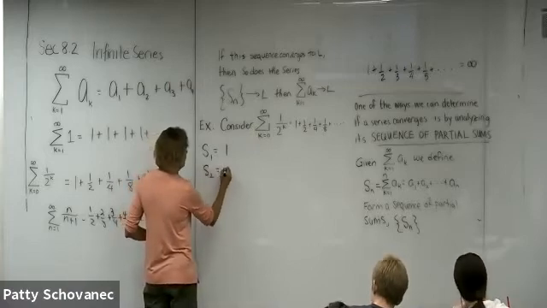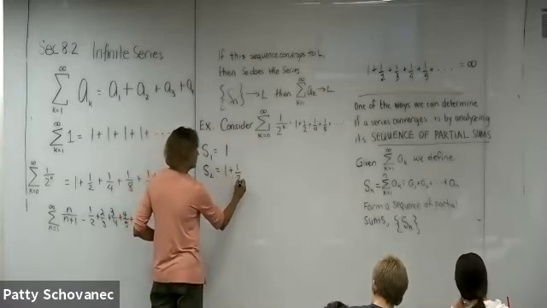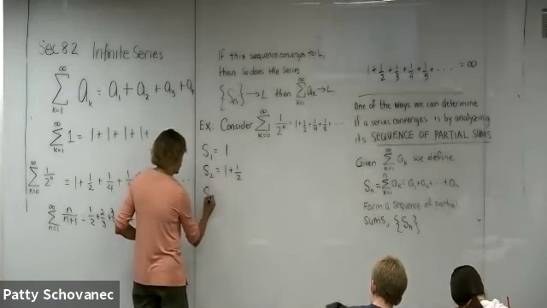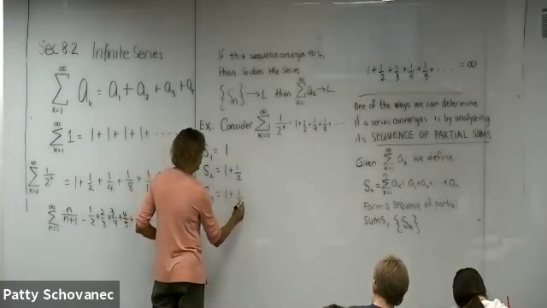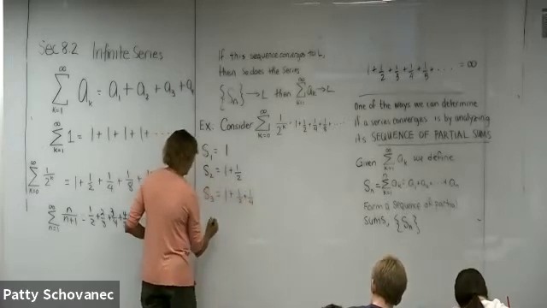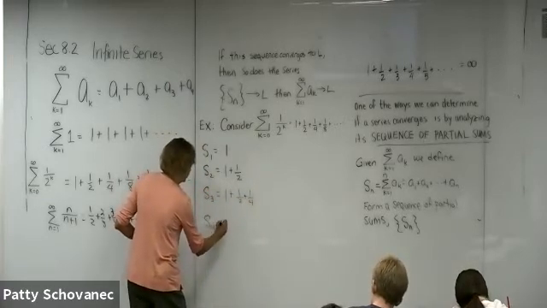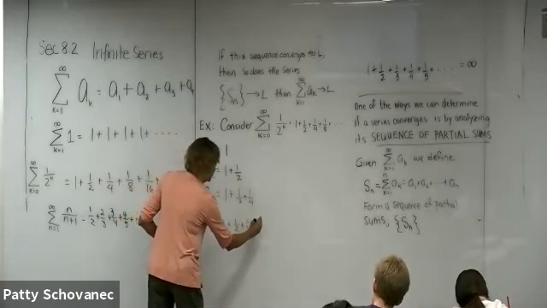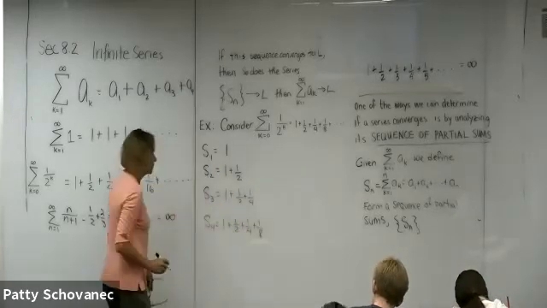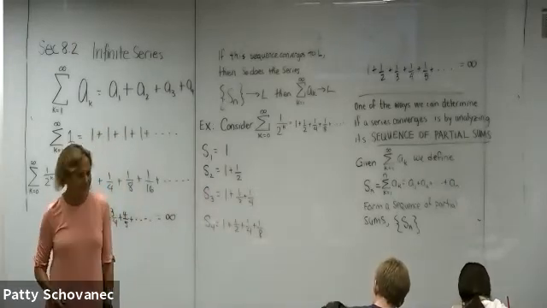S2 is the sum of the first 2 terms. So S3 would be the sum of the first 3 terms. And then S4 is the sum of the first 4 terms. Let's add these up, shall we?